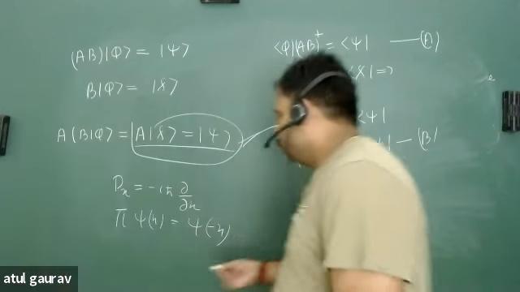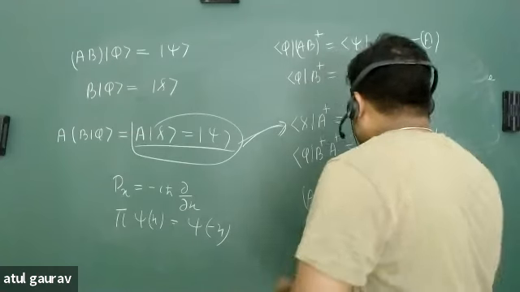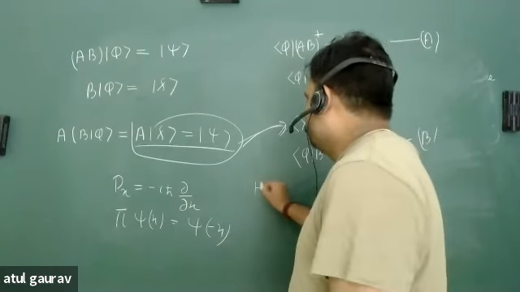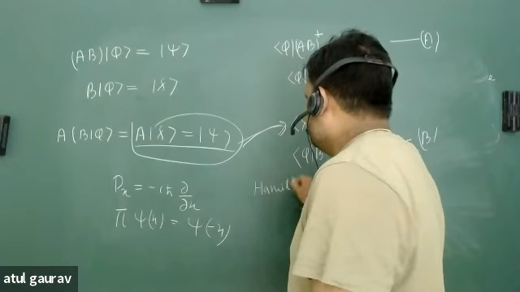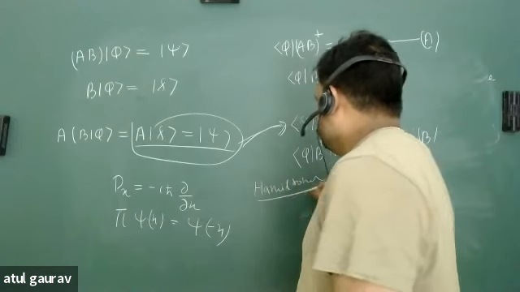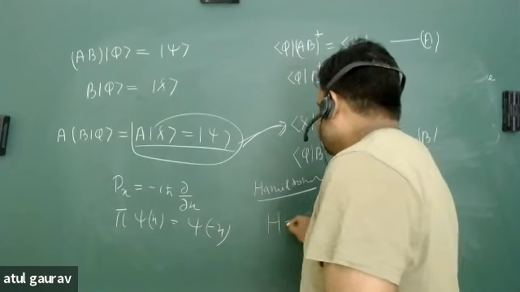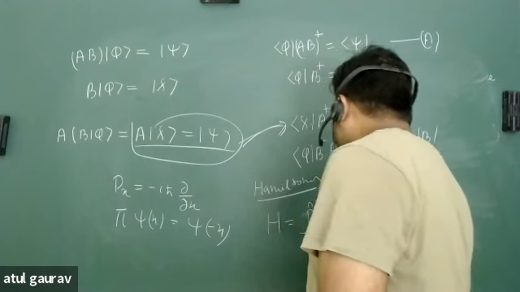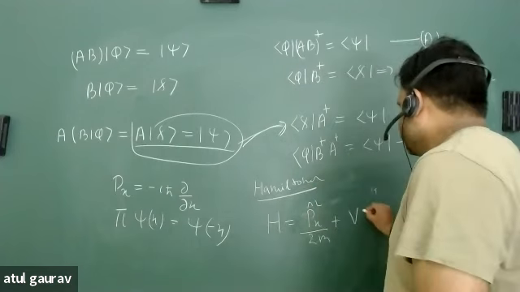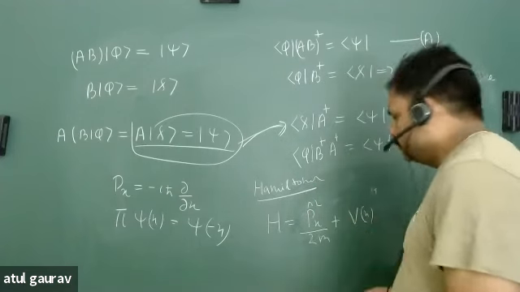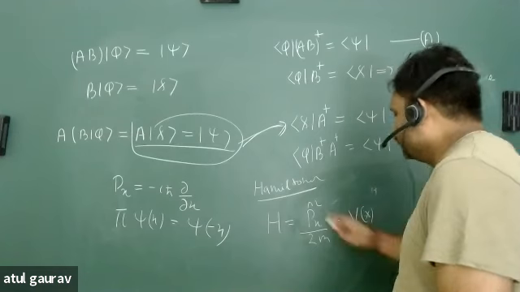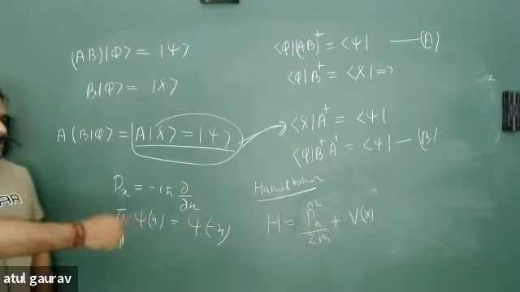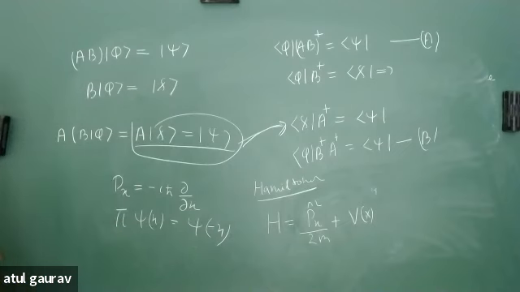The Hamiltonian operator is all about measuring the energy. You can write Hamiltonian operator H, which is nothing but px square operator by 2m plus potential energy operator V(x). Px and V(x) are operators, and we will discuss them when we apply them.